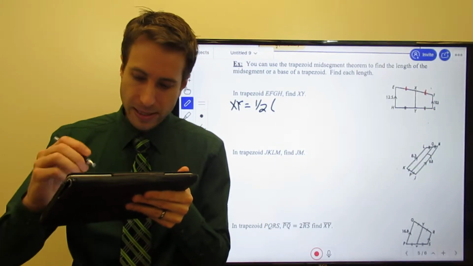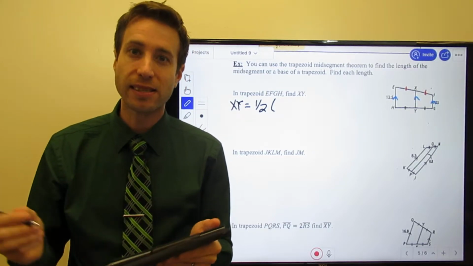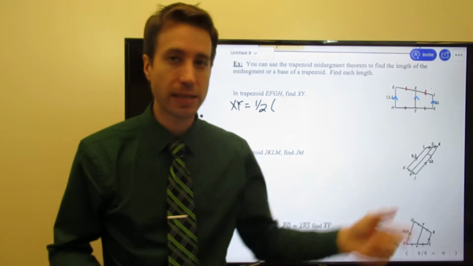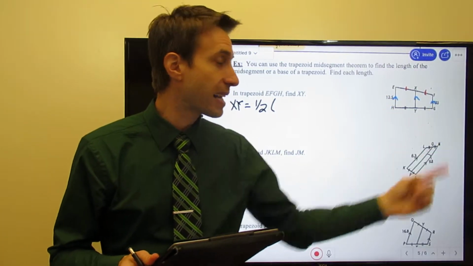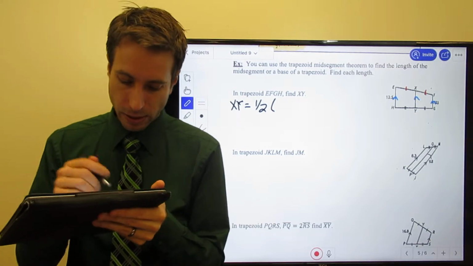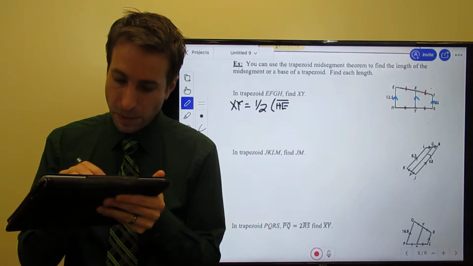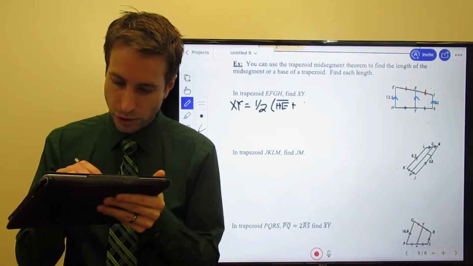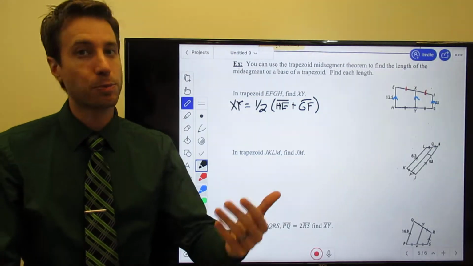Well, remember, the mid-segment is going to be parallel to those base sides. So figure out which two sides your mid-segment is parallel to, add those base sides together, and divide by 2. So it's going to be HE plus GF.